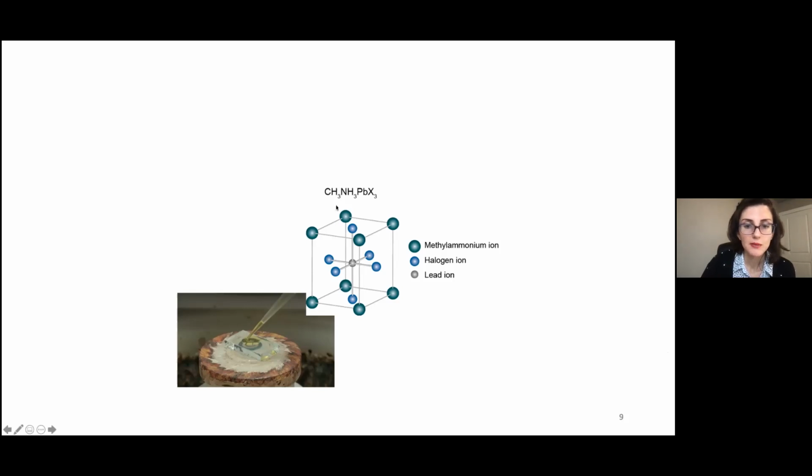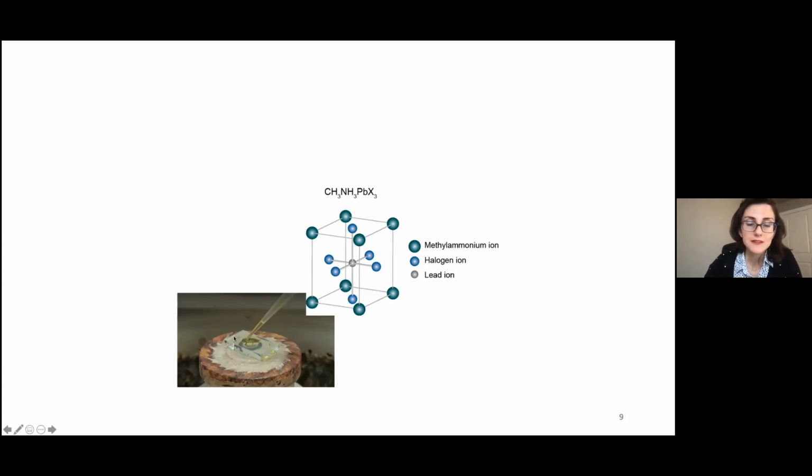Metal ammonium ions are on the corners of this crystal structure, and there are halogens, which could be iodine, bromine, or chlorine, on the surfaces, and there is a lead ion in the middle of the structure. As you see here, none of these materials are really expensive or rare; these are all earth-abundant materials.